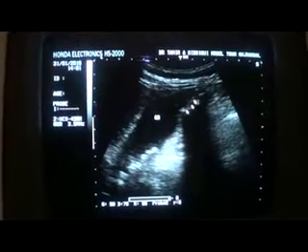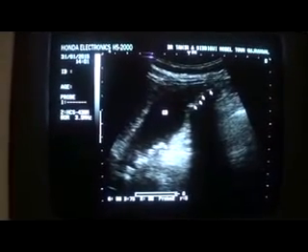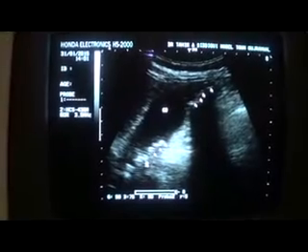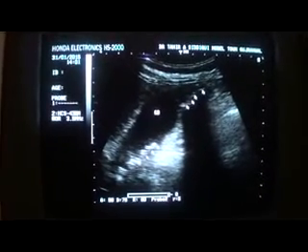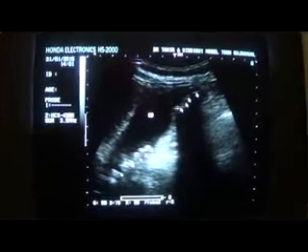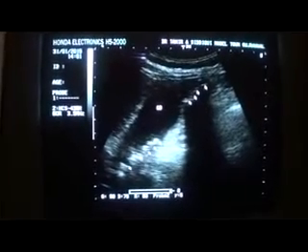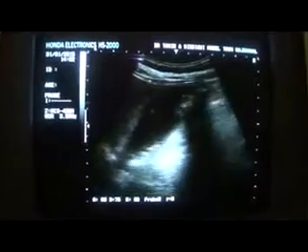So this is how we should scan the gallbladder in any given case of a gallbladder, so that you don't miss any finding.